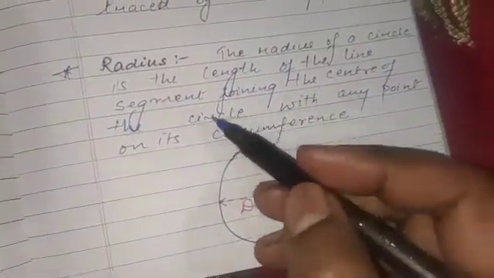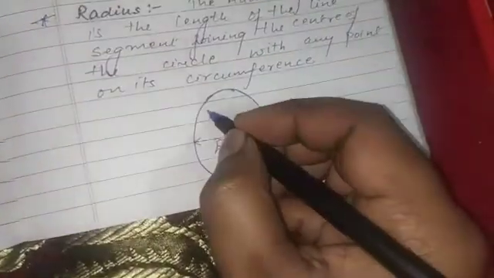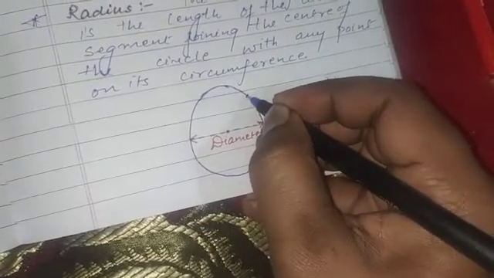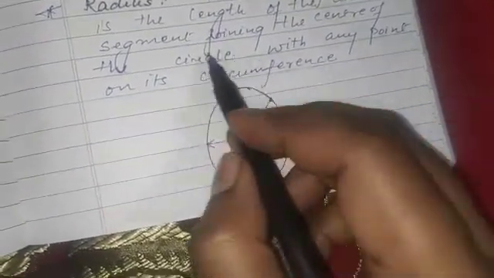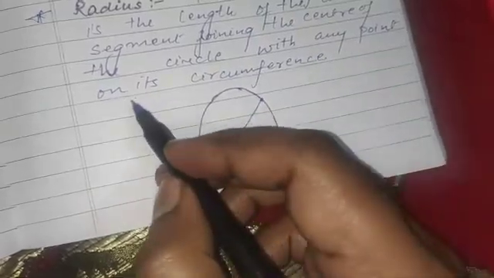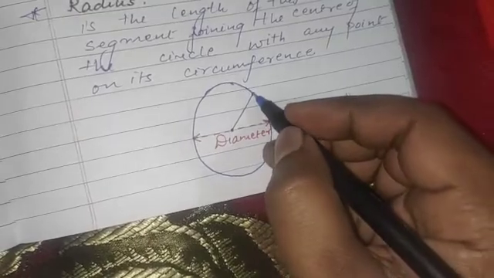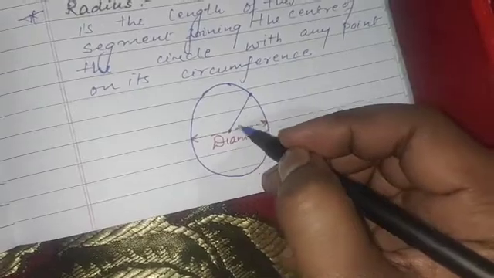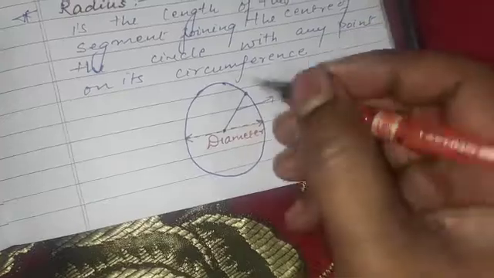It is the length of the line segment joining the center of the circle with any point. For example, I am taking this point and joining it to the center. So it is the length of the line segment joining the center of the circle with any point on its circumference. This is the circumference. And this is the portion of the line segment which is joining at the center. This is called the radius. Understood?